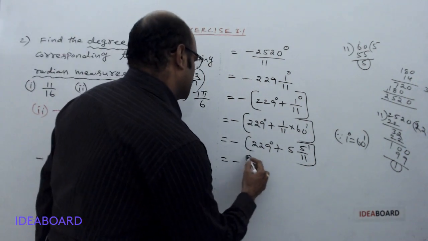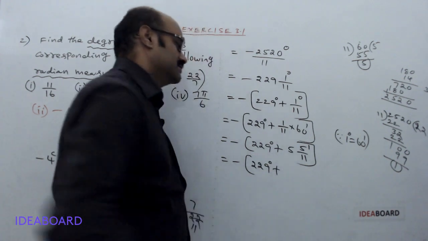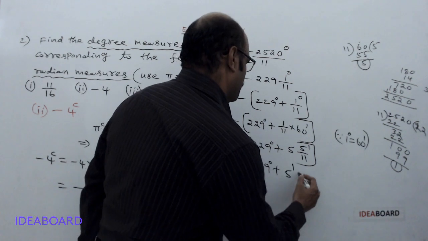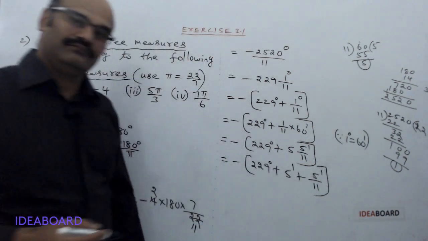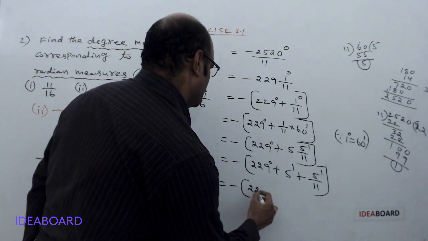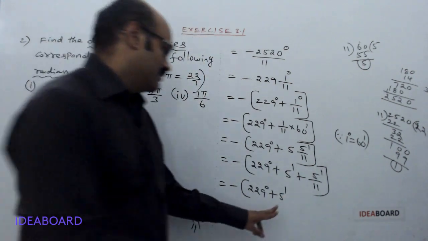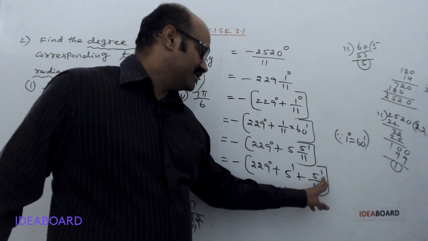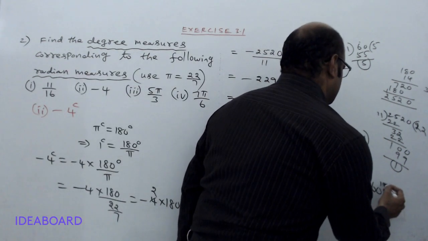So it equals minus of 229 degrees plus 5 minutes plus 5 by 11 minutes. We know that 1 minute equals 60 seconds.